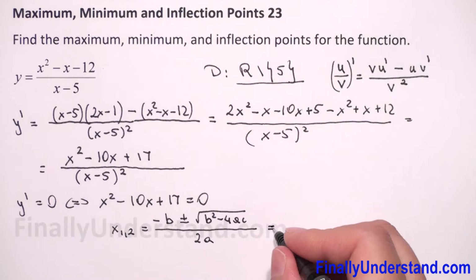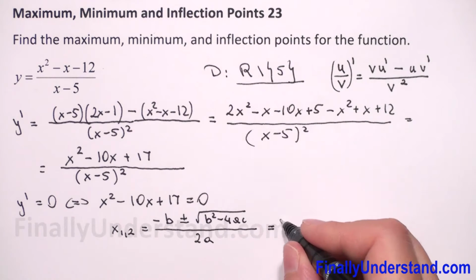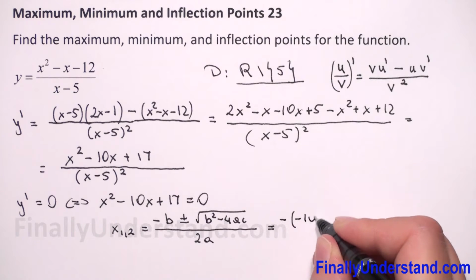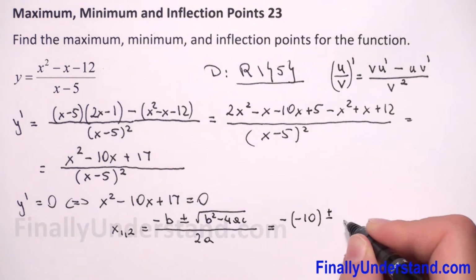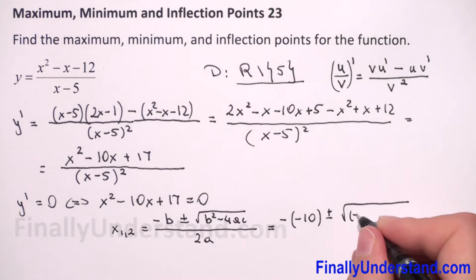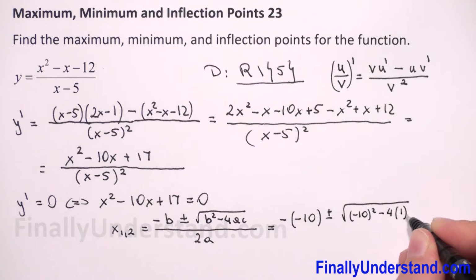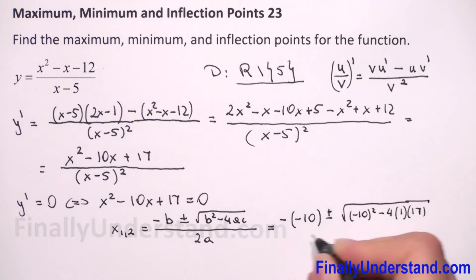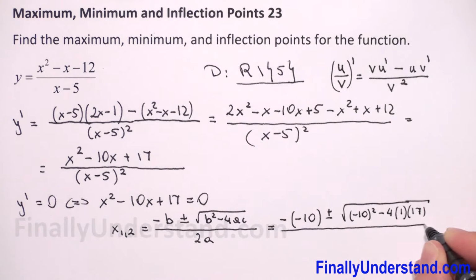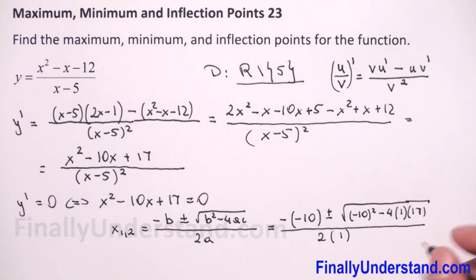So this is equal to, we have b, we have to copy the negative sign, and b is equal to negative 10, plus or minus the square root of b squared, so we have negative 10 to the second power minus 4 times a, which is 1, times c, which is 17, over 2 times 1 because a is equal to 1.